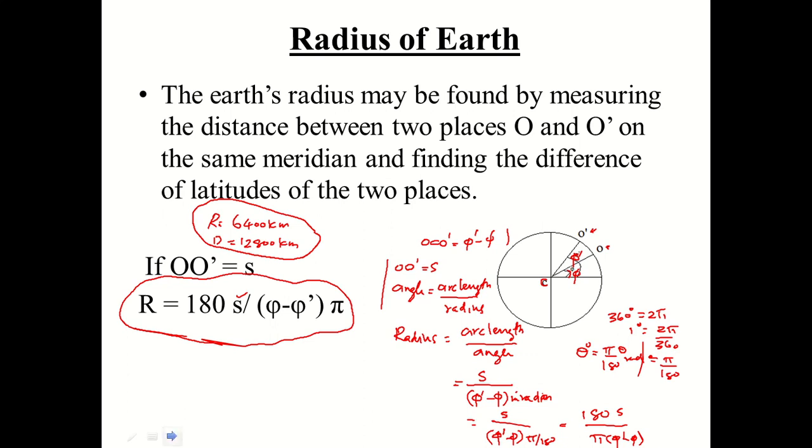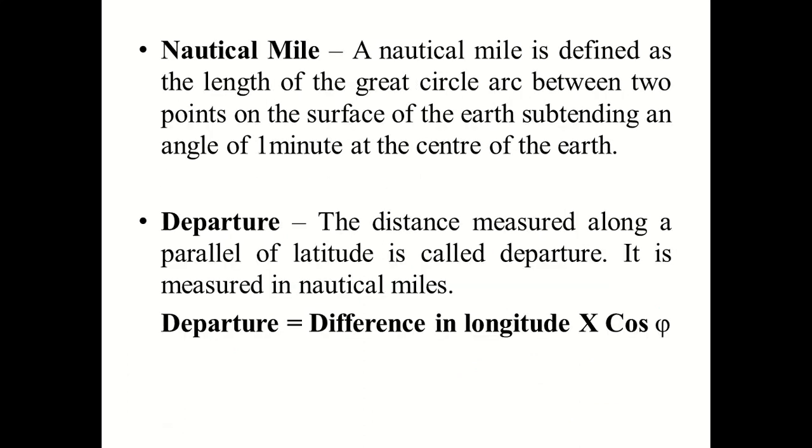Now consider another thing regarding these distances measured on the surface of the earth, that is, the nautical mile. It is usually used by sea ships, passengers or the captains of ships. They express their distances in nautical miles.